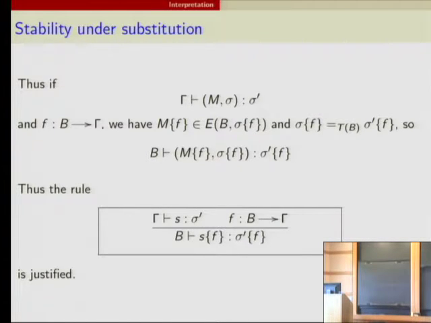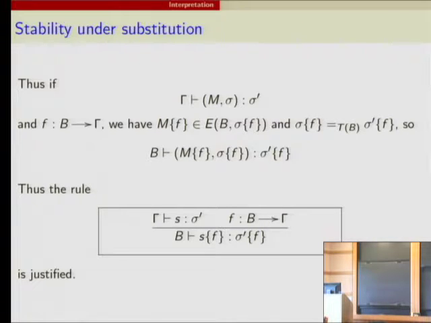Okay, and then we can check the stability under substitution. If you have an object in this sense, member of sigma, you take the substitution here, and you can compute using the diagram that this will actually be an element of that one.